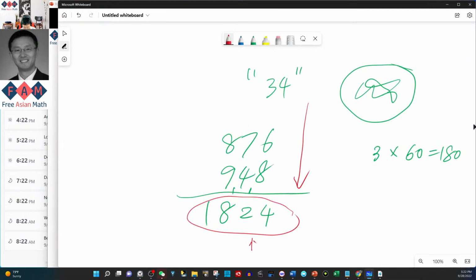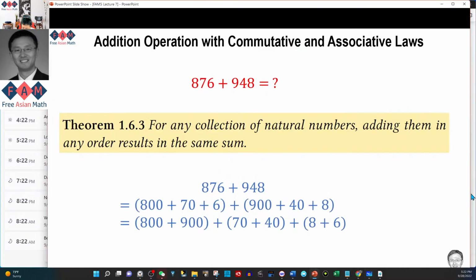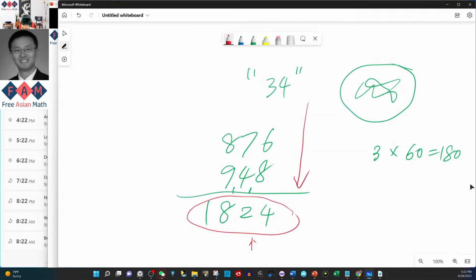Then you can understand why this vertical addition algorithm works. To perform this, we do 8 plus 6. That's the unit place. That's exactly what we did the first time. If there's an overflow, meaning the result is greater than 10, then that will generate a carry, which is a 10 part, which goes to the next higher place value digit, which is the tens place.